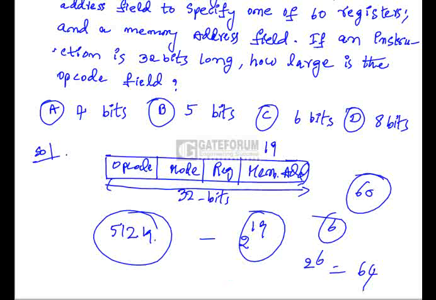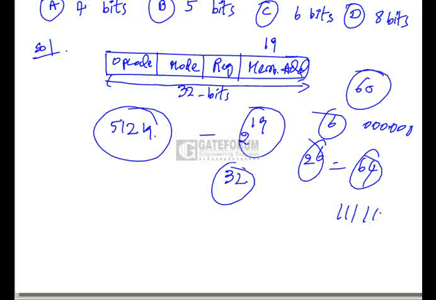If we use 5 bits, we can have a maximum of 32 registers only. That is why we use 6 bits, and 60 of these addresses will be used. So we require 6 bits for the register address.